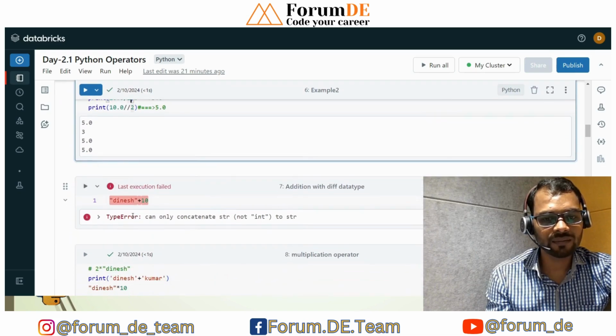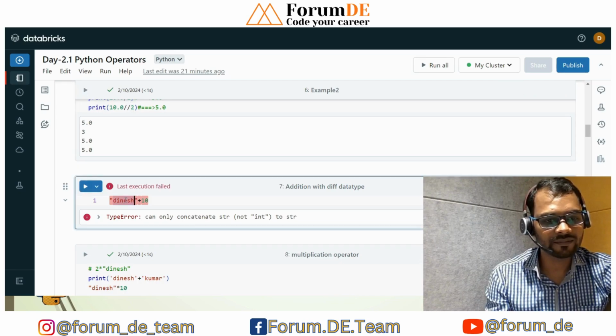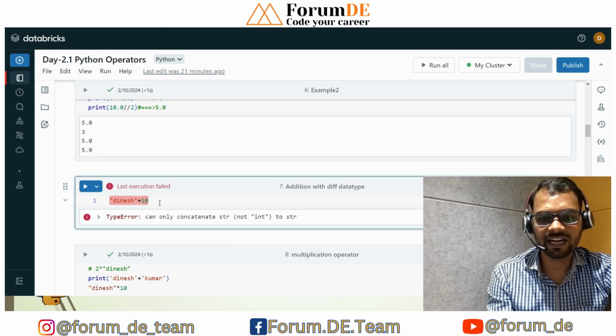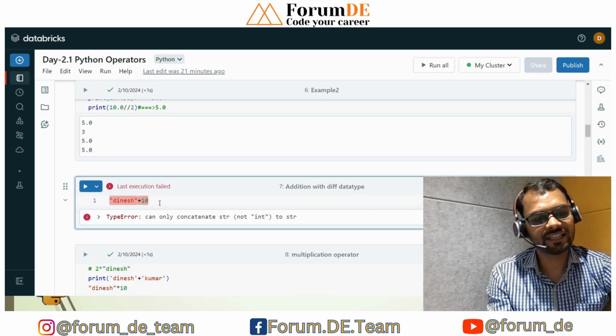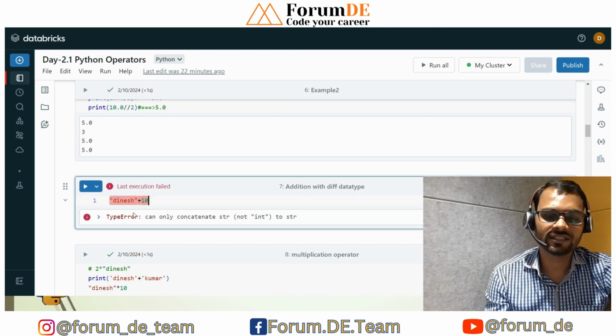Now coming to additions with different data types. Suppose you want to do arithmetic operations between a string data type and an integer, it is not possible. Different data types cannot be added. Either both should be strings or both should be integers, then only the addition can be performed.